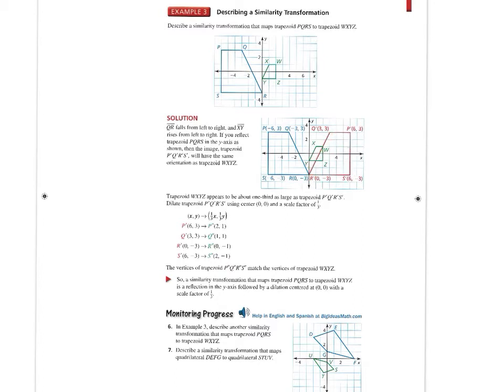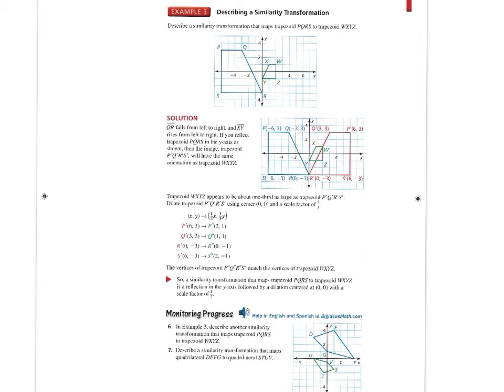So Q prime, P prime, S prime, R prime. And now the orientation looks similar to our trapezoid WXYZ. Now it still doesn't look like it's going to be the same size, so obviously after the reflection it's going to undergo another transformation, and in this case, since it's reducing in size, it must be a dilation.